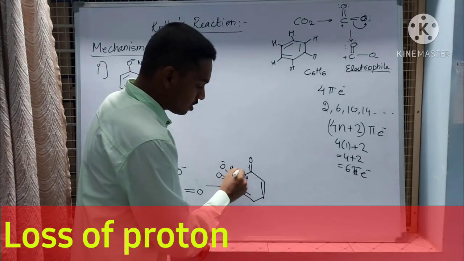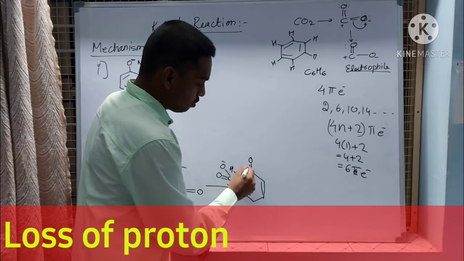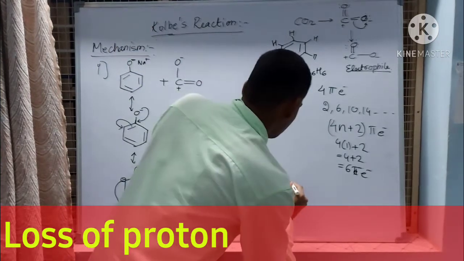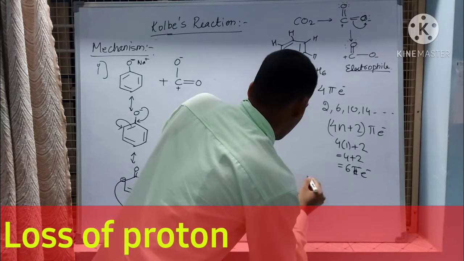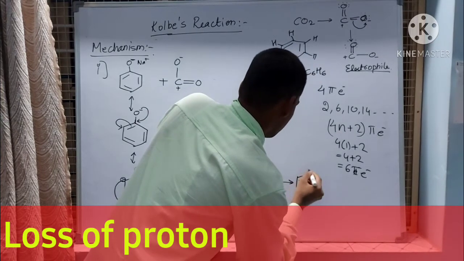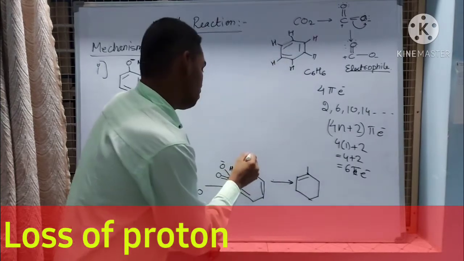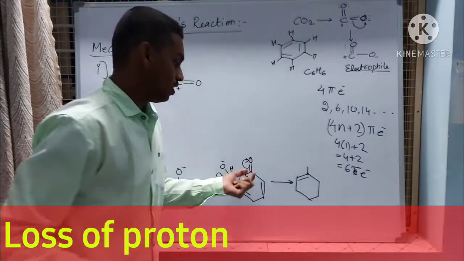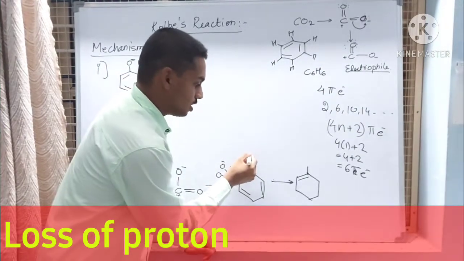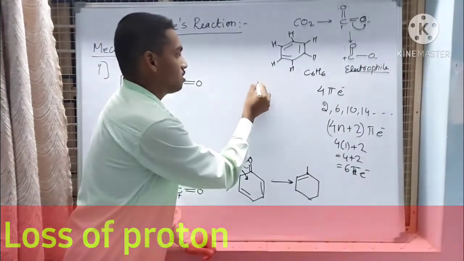Since this hydrogen is giving its electron here, this bond is going to shift, and here I am going to get the electron on hydrogen. At the same time, if this bond goes to hydrogen, the electron, then oxygen will be having a negative charge, right?